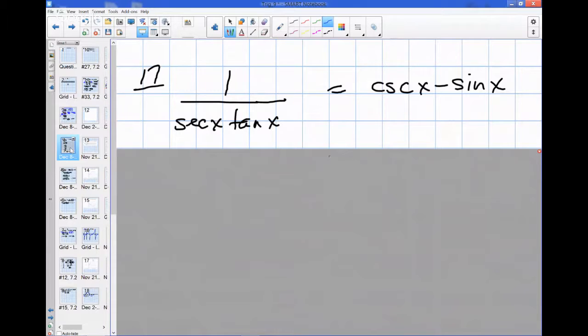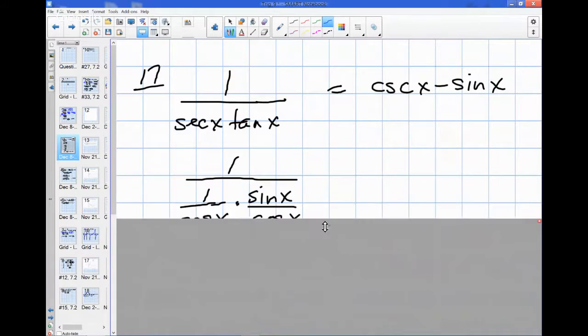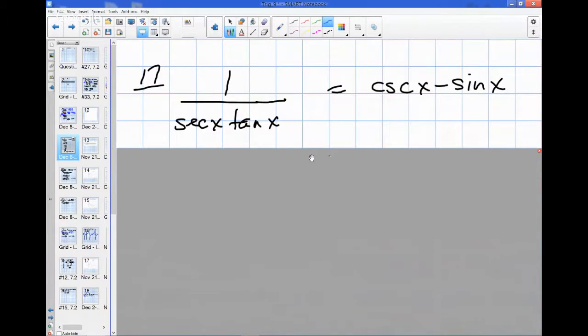I believe I'm going to be working on the left, and the main reason is because that stuff is all in the denominator. Right now, I don't see an immediate connection between secant and tangent being multiplied and cosecant minus the sine of x.